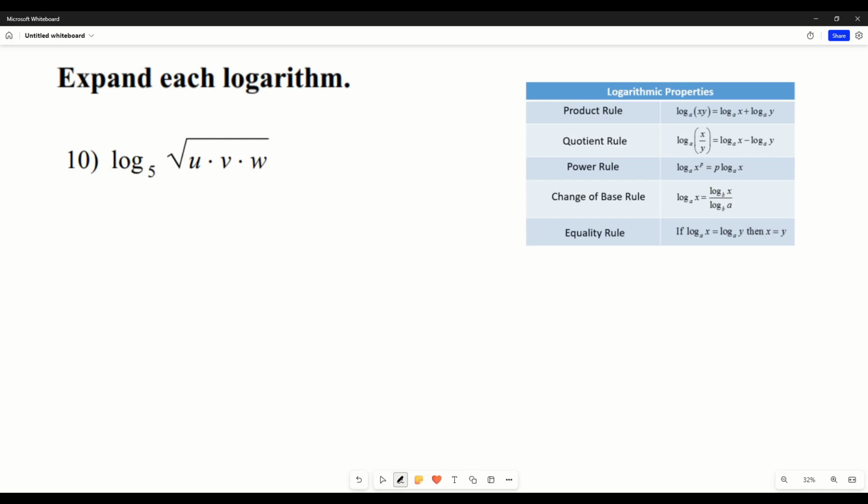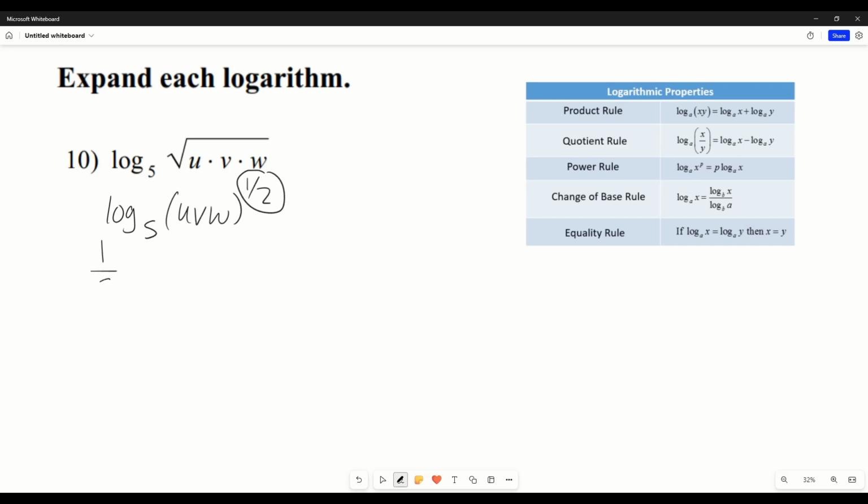Let's turn this square root into a 1/2 exponent. So log base 5 of u v w to the 1/2, because 1/2 is basically the square root. Let's bring this exponent to the front of this log, using the power rule.